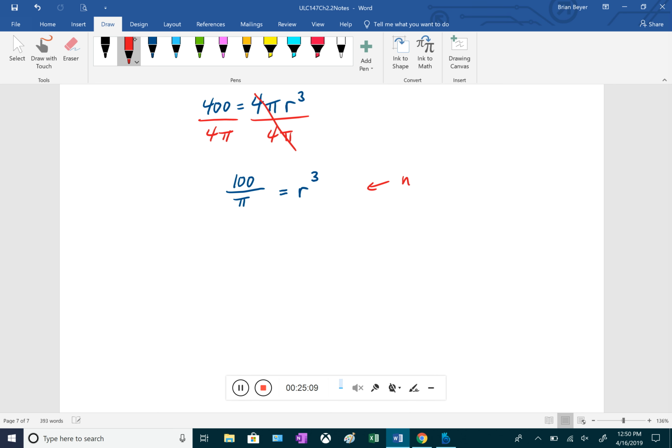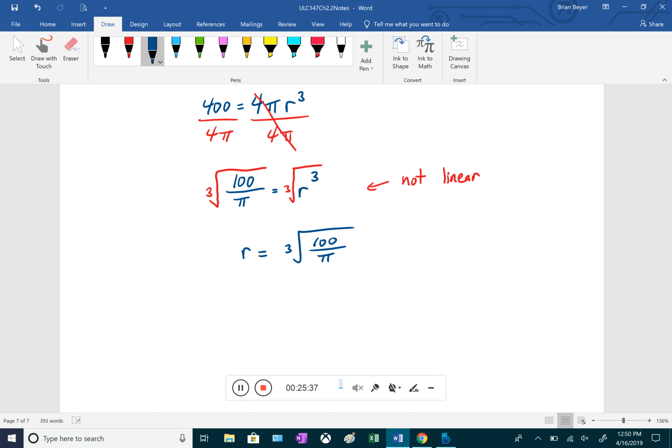If the variable is cubed, it's not linear. Okay, so taking the cube root of both sides, this is when you'll need the calculator. The cube root and cubing something cancel each other off, which is why we did it. So we end up getting r equals the cube root of 100 over pi.